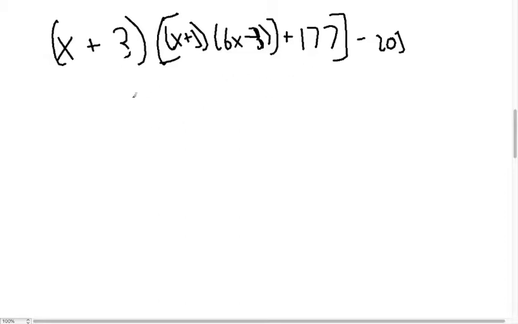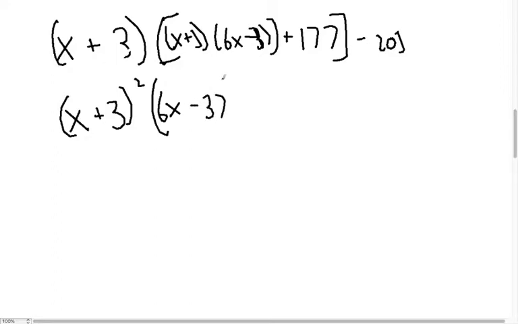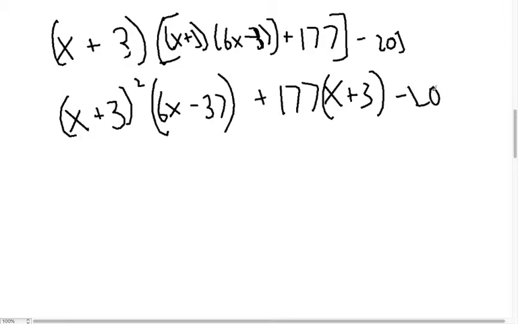So once you get to this point, the rest of it is very simple. You distribute x plus 3 to this and this, which gives you x plus 3 squared times 6x minus 37 plus 177x plus 3 minus 203.